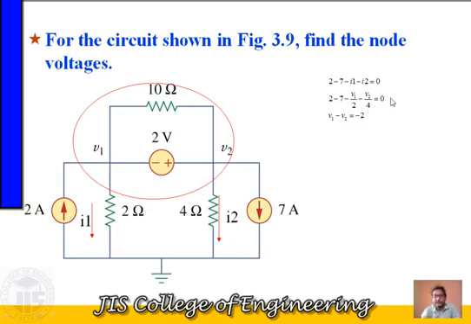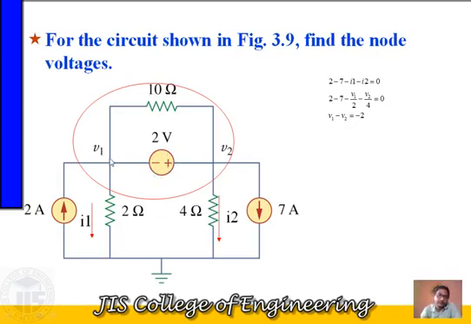So we get this from the KCL equation. Within that super node, the two voltage points V1 and V2 are connected directly by this voltage source.